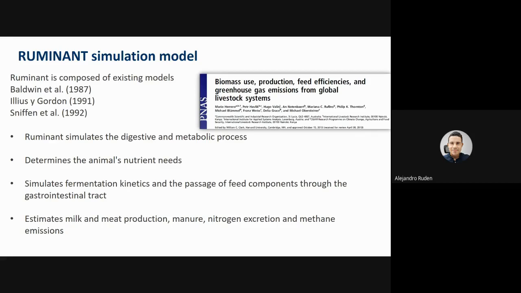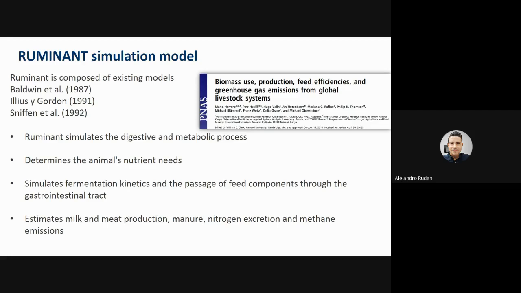So the ruminant simulation model was designed last decade from the compendium of other existing models such as Baldwin's, Illius and Gordon's, and Sniffen's. There were other models that calculated these emissions from livestock. Herrero in 2003 calculated some of these outputs from animals, and this model simulates the digestive and metabolic process.